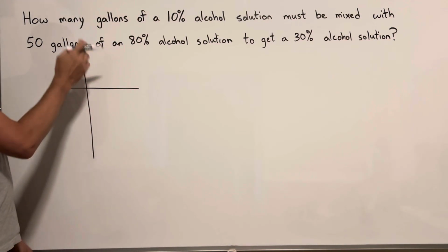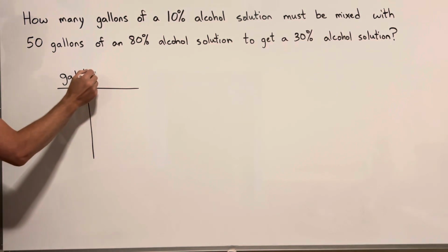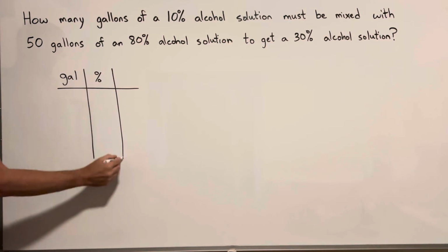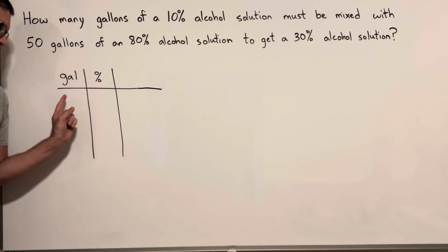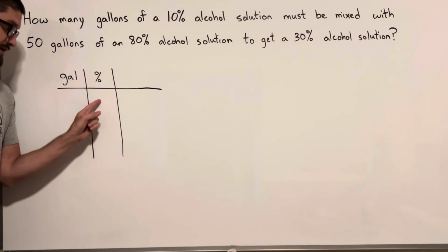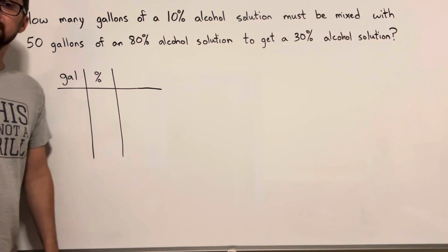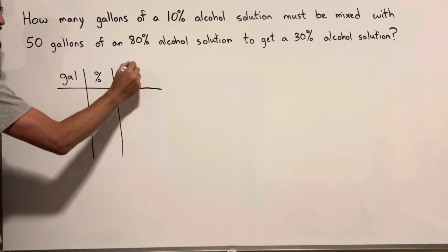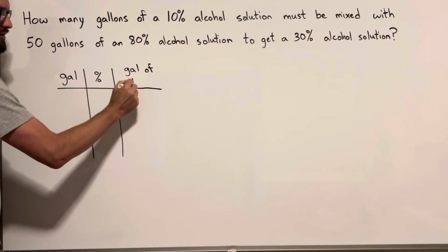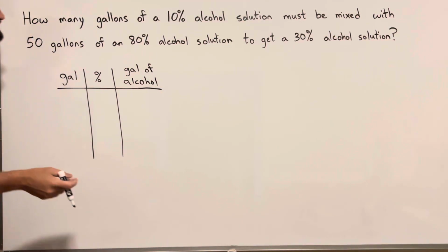The next column is the percent of alcohol in each container. And the last column: if I take the gallons in the container and multiply by the percent of alcohol, you get the number of gallons of pure alcohol. So this last column will be the gallons of alcohol in each solution.